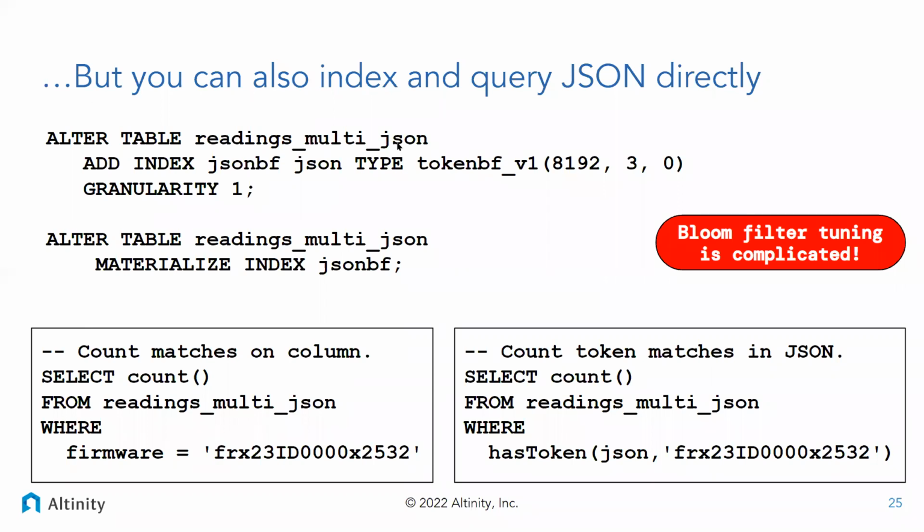So this is called a token Bloom filter index, and it basically tokenizes the data in that JSON, and then it applies an index. And the settings here are tricky. The first setting is the size, and then the second one is the number of functions. You have to play around with this a little bit to get the tuning right. But once you do that, you can actually run queries very efficiently directly on the JSON.